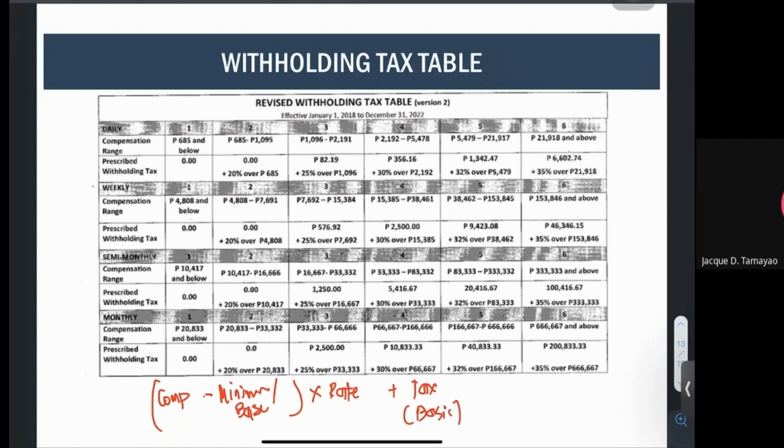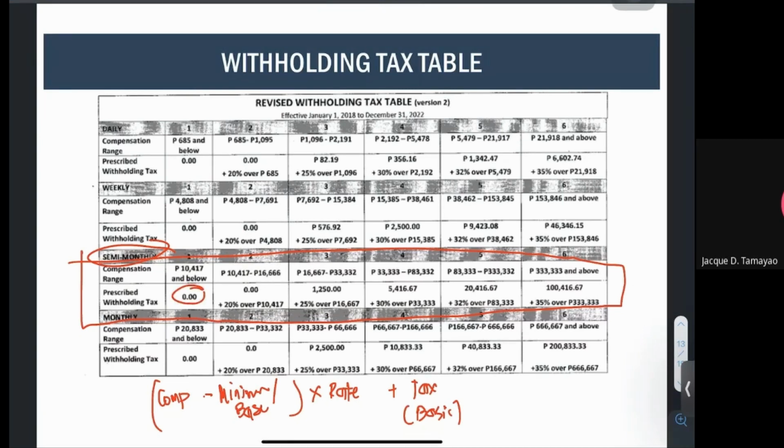Okay. Normally, a business applies semi-monthly. So we focus ourselves here in your semi-monthly revised withholding tax table. Okay. So if the compensation semi-monthly is 10,417 and below, then there's no tax.